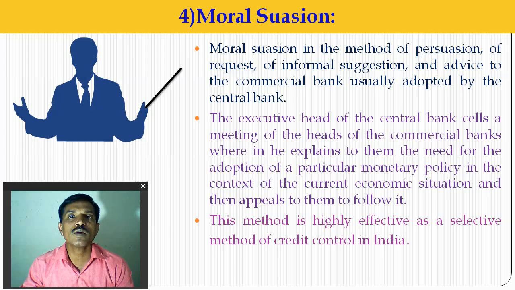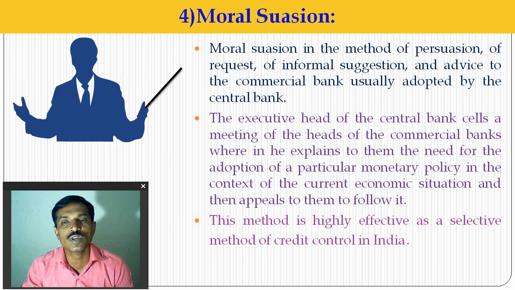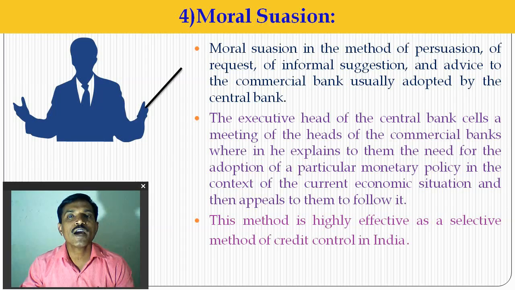So the RBI gives a moral appeal to the banks to follow its rules and adopt this policy during a particular situation, and explains the purpose of adopting this monetary policy. But sometimes banks do not follow the rules and regulations, and then it uses another method. Moral suasion just gives suggestions and advice to the commercial banks.